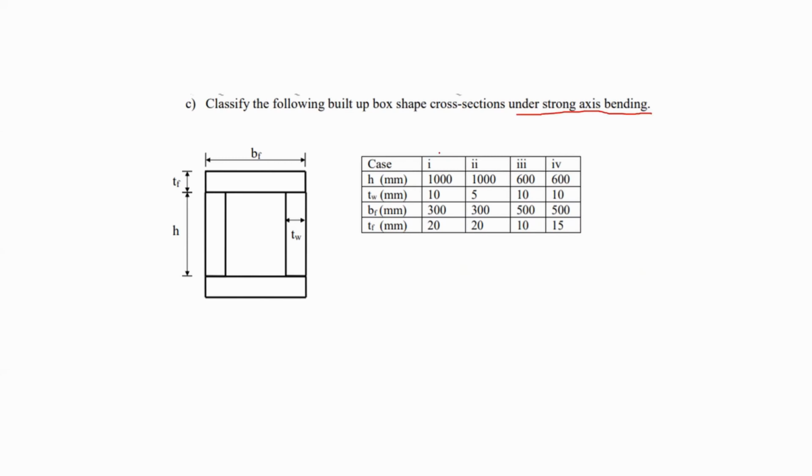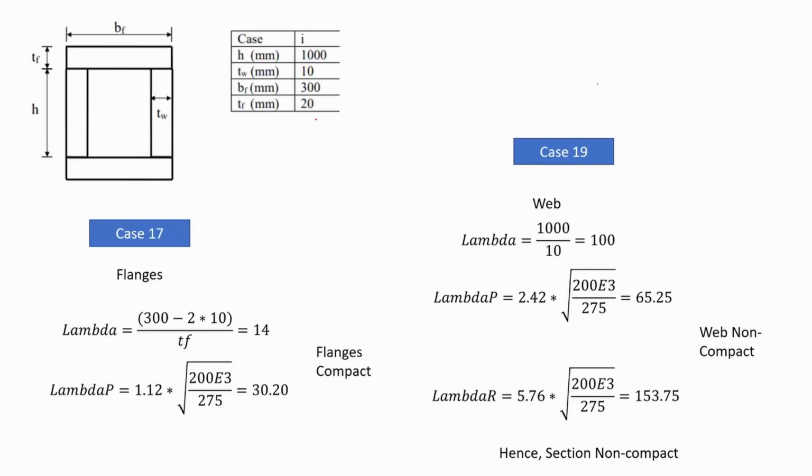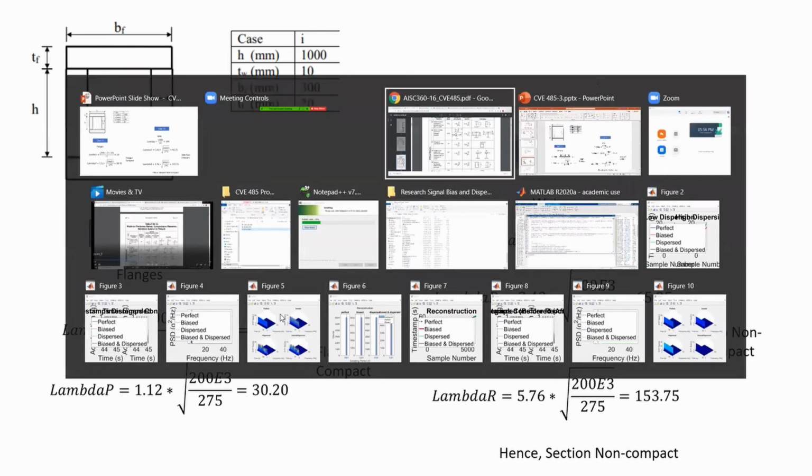Now again, I'm going to consider one of the cases, case number 1. So now we check the flanges. First of all, we have to find the compactness of the flanges. And for that, I have to move to the table that is in AISC.